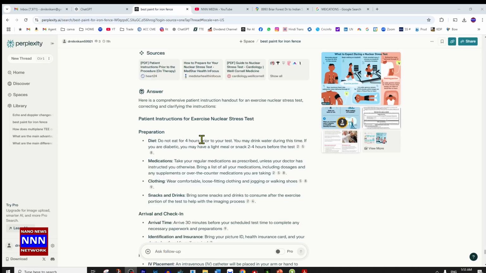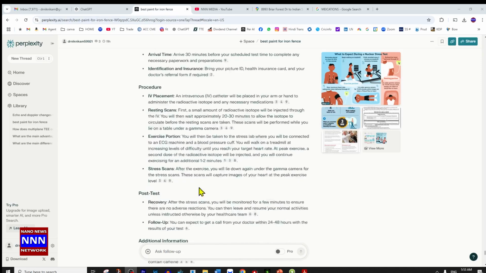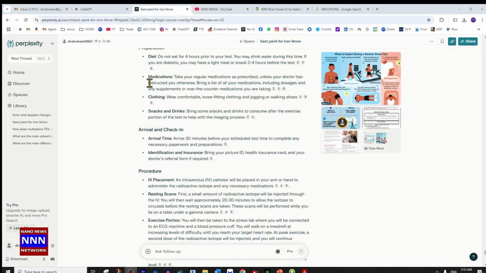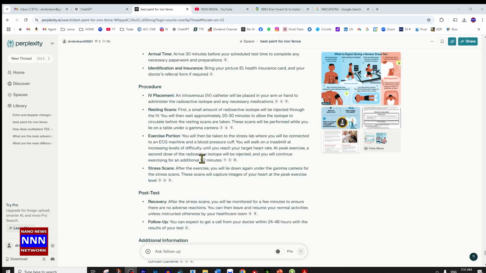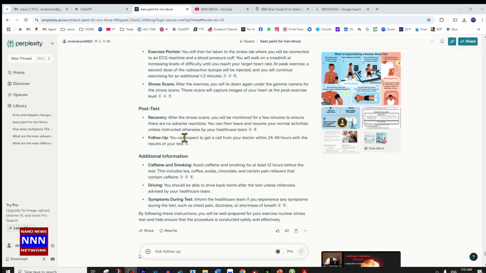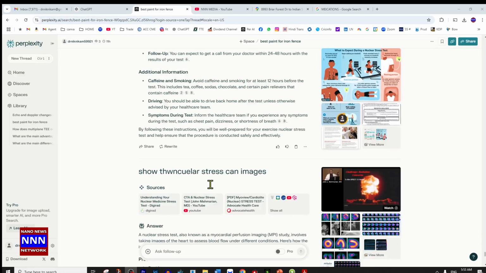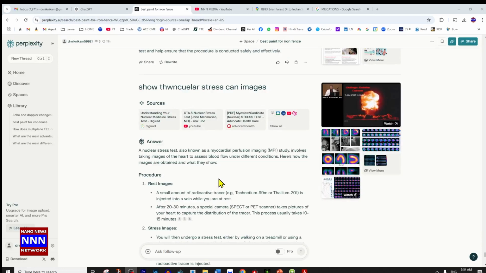So let us look at all these instructions: diet, medications, clothing, snacks, arrival time, identification and insurance cards. Everything is spelled out by this procedure. IV placement, resting scans, exercise portion, stress scans, recovery, follow-up, instructions about caffeine, driving, smoking, medications, all these things.